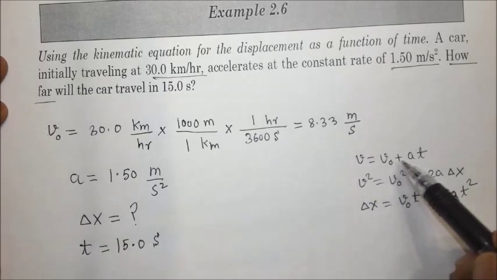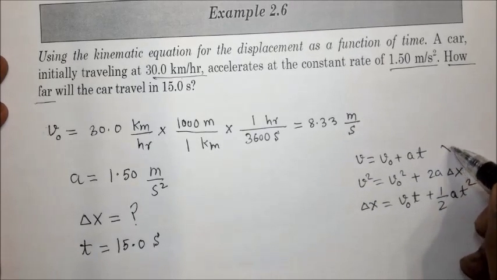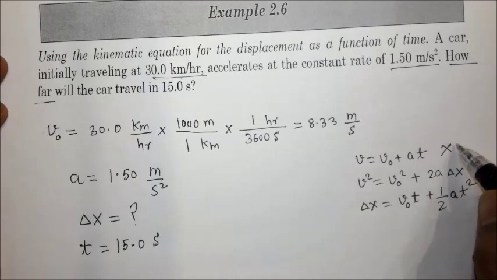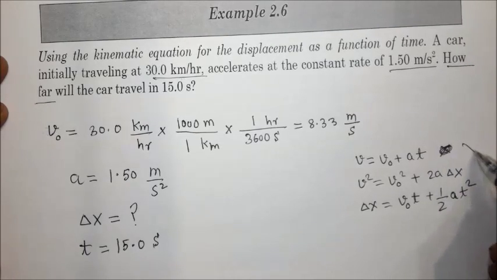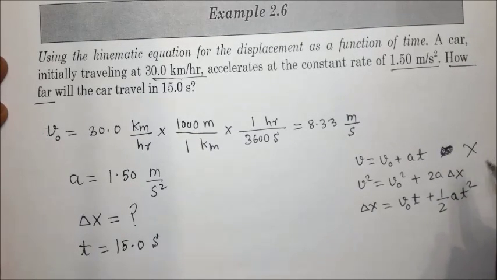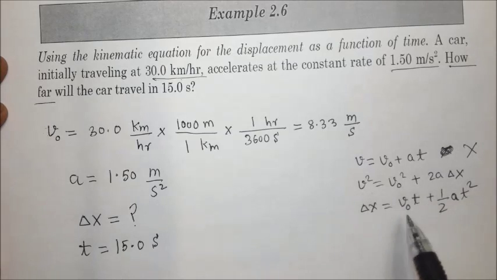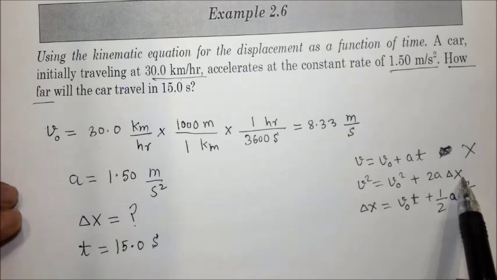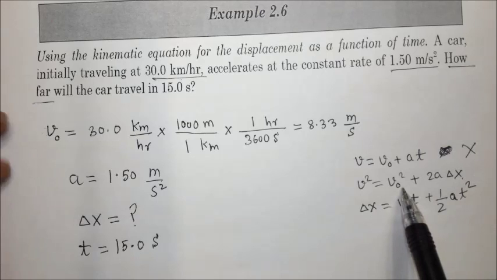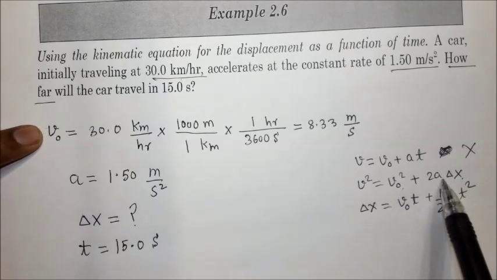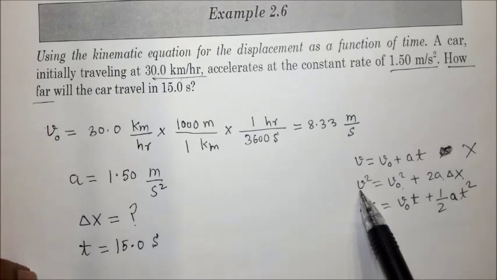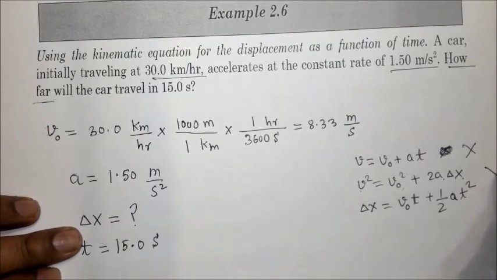So this first equation doesn't have delta x, so we are not going to use this one. The second equation has delta x, but to find delta x we need V initial, we do have it. We need a, we do have it. We need V final, we don't have V final.